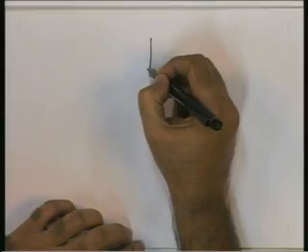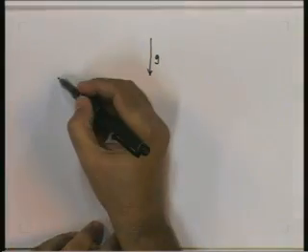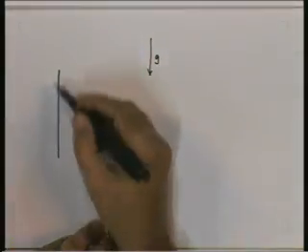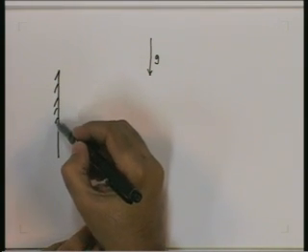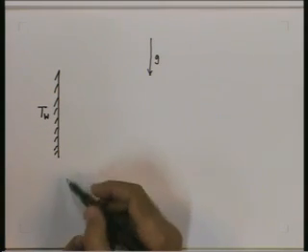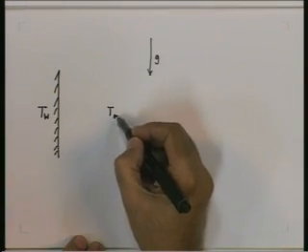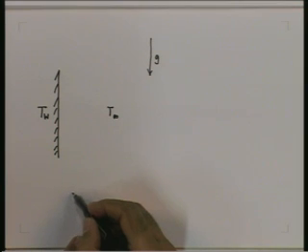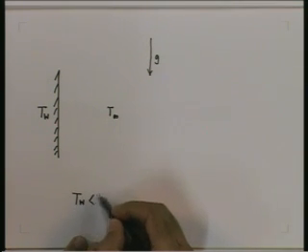The situation is slightly different but very similar if we have the plate at a temperature lower than the free stream temperature. Let us assume now that the wall temperature is lower than the free stream temperature.